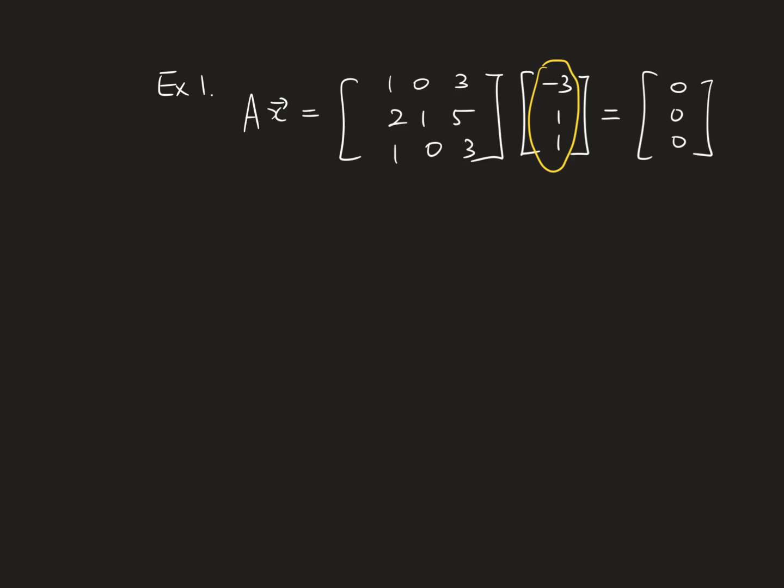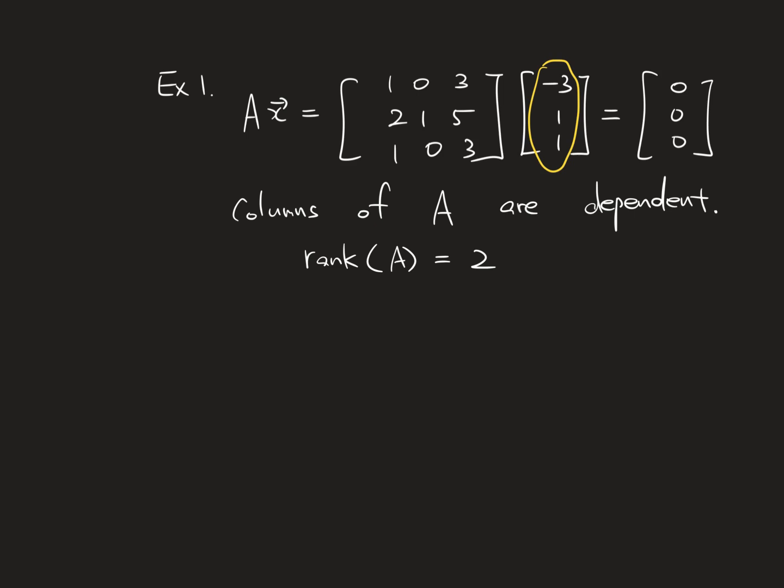Because a non-trivial solution generates a zero vector, we can say the columns of A are dependent, and in this case the rank of A is equal to 2, because we can immediately see that these two vectors are independent.